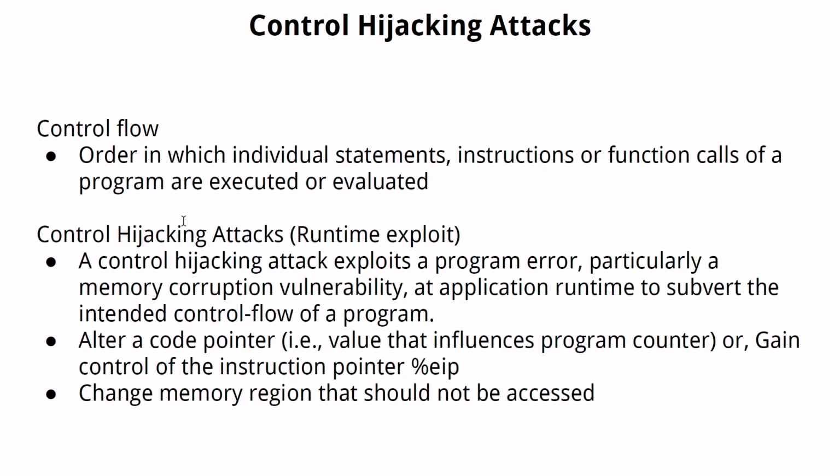So the return address on the stack, that's a code pointer. In C++, if you use classes, at the beginning of the class, there are many virtual function addresses. Those are code pointers. They point to different functions. As long as you can overwrite a code pointer and that code pointer is used, then you can hijack the control flow.